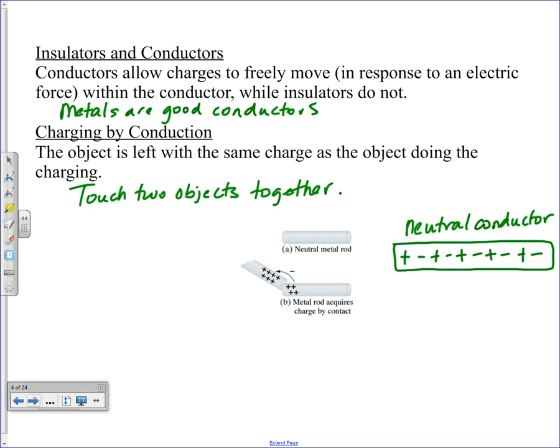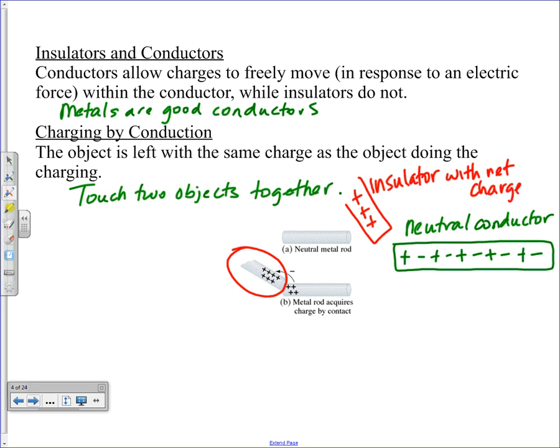Then what I'm going to do is bring an object with a net charge near my neutral conductor. So this is going to be an insulated rod, like a plastic rod. And what happens? Well, the electrons can move.